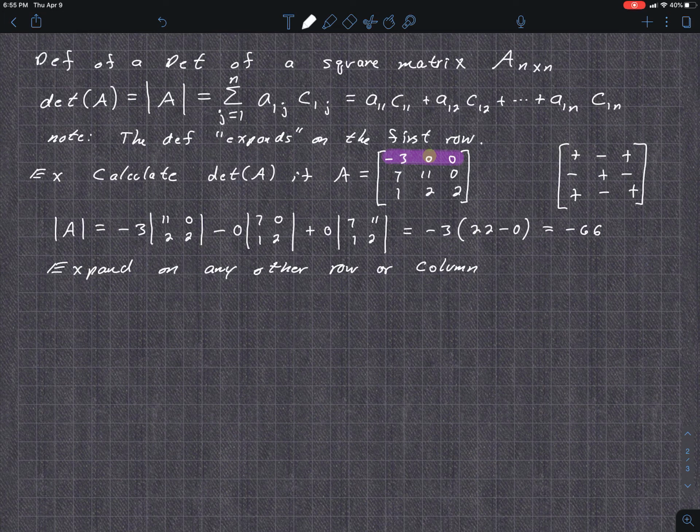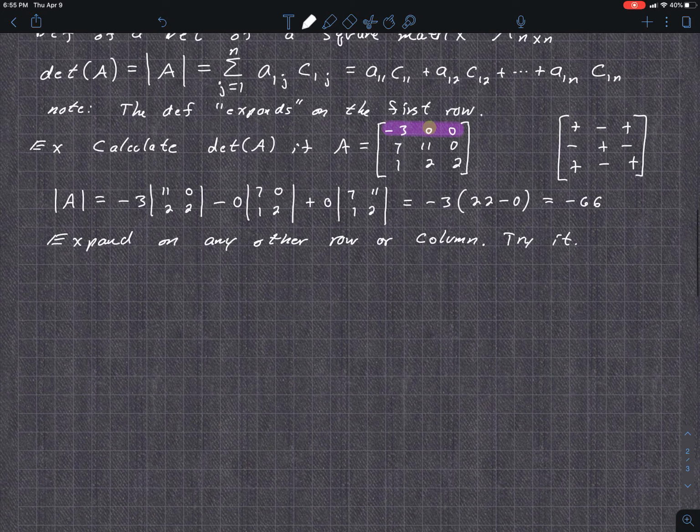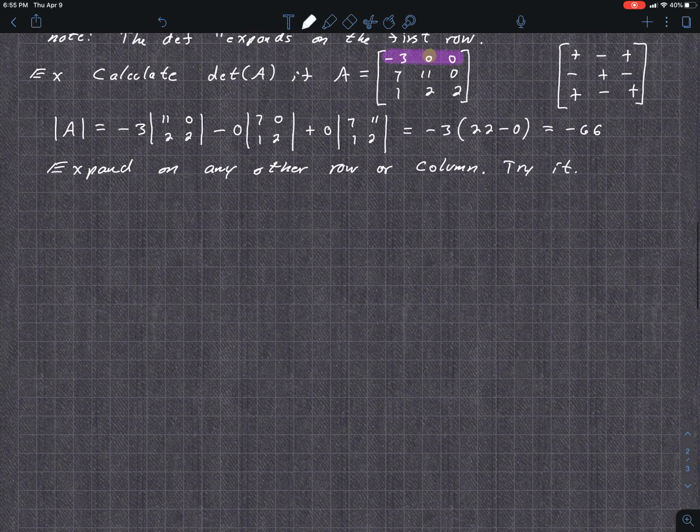Let me make sure I did that right. Those are all zeros. 2 times 11 is 22. 3 times 2 is 6. Yeah, okay, we're good. Just double checking. All right. Okay, so try that. I'm not doing another one. You try it. You can verify yourself.